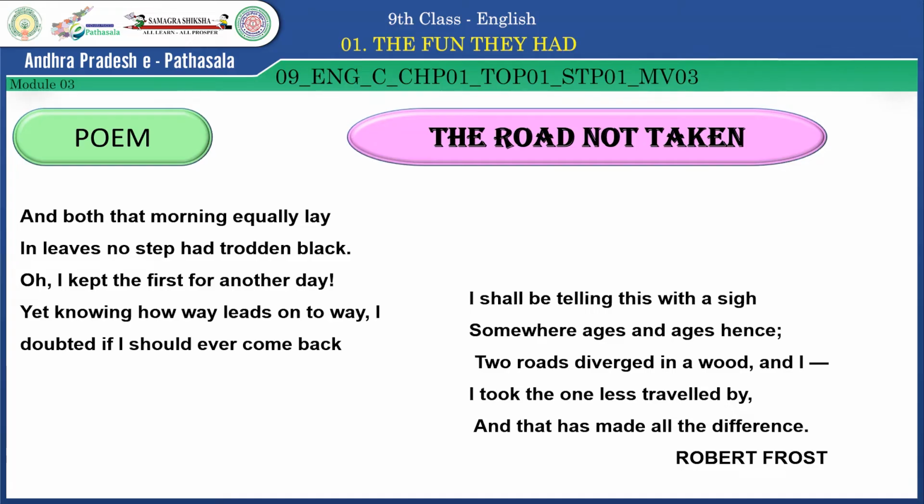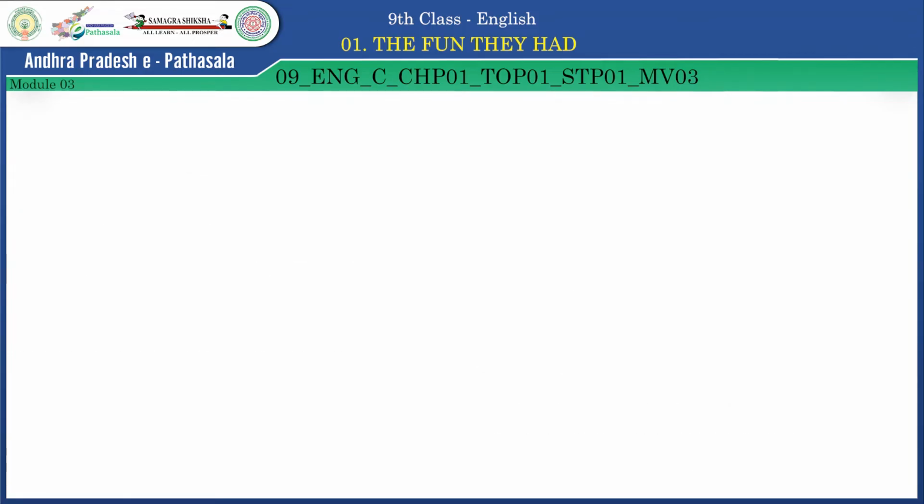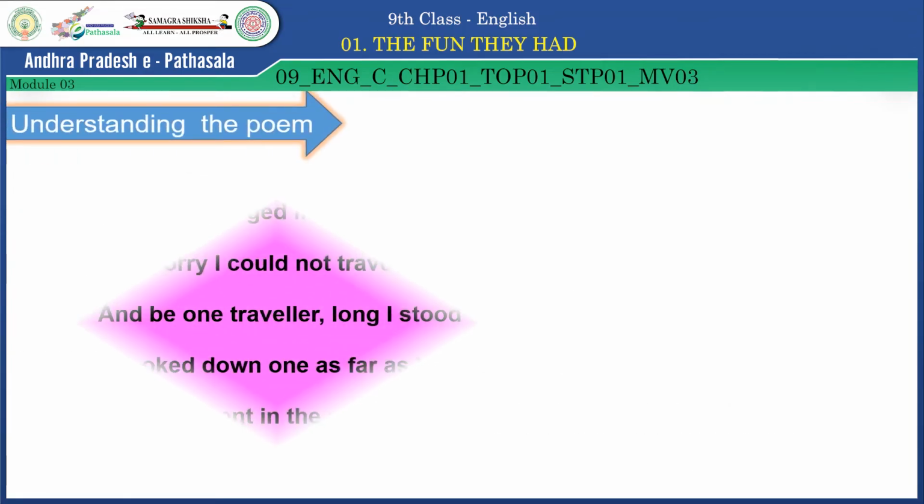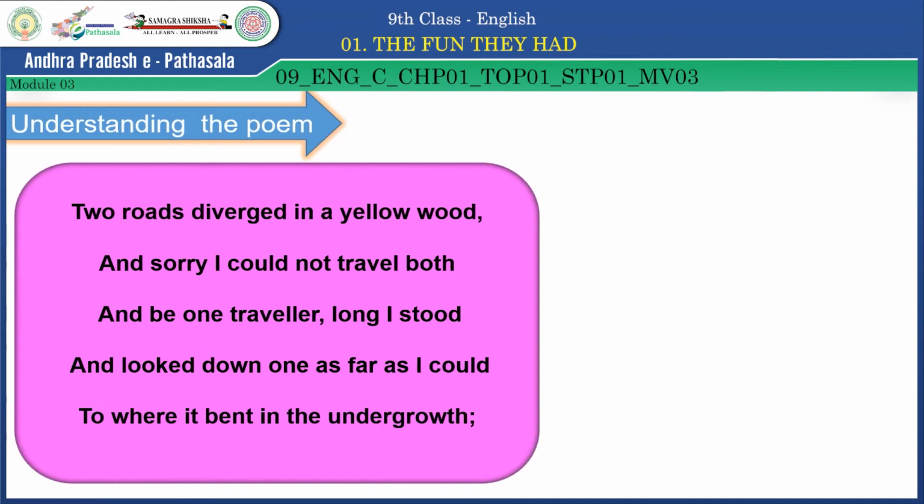Do you understand the poem? Come, let's try to understand this stanza wise. Here is the first stanza. To try to understand this poem, let us learn about a few meanings which we come across in this poem.